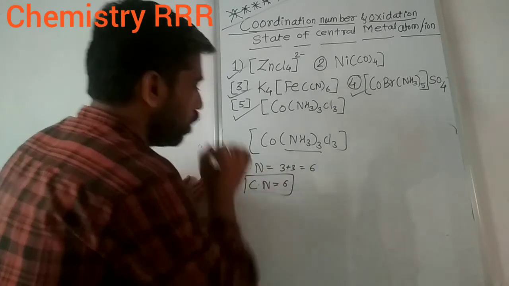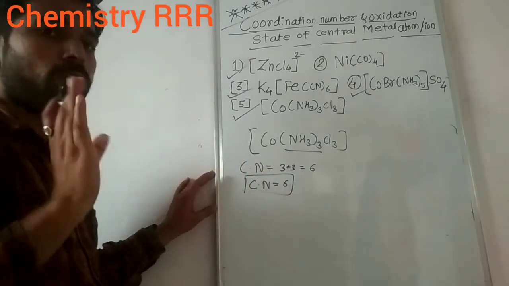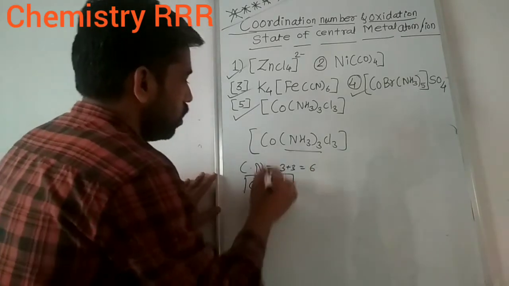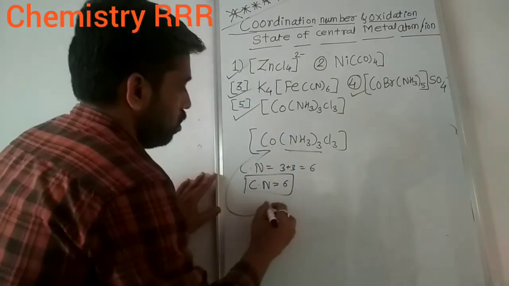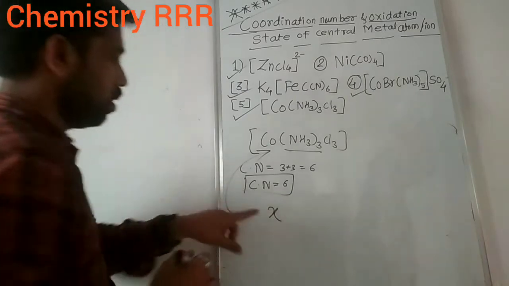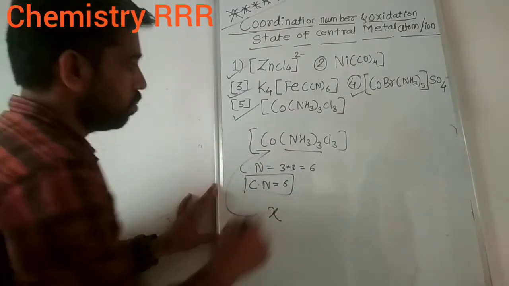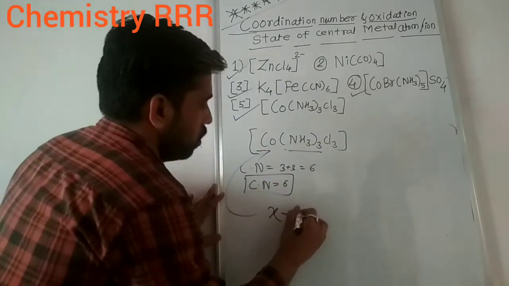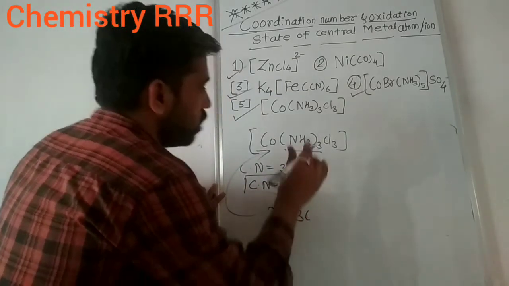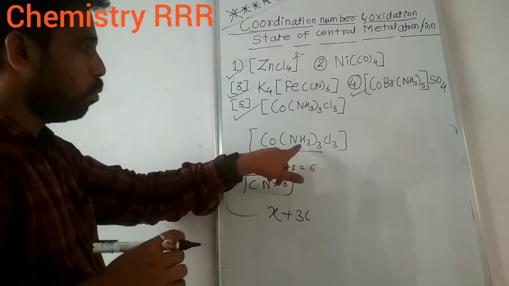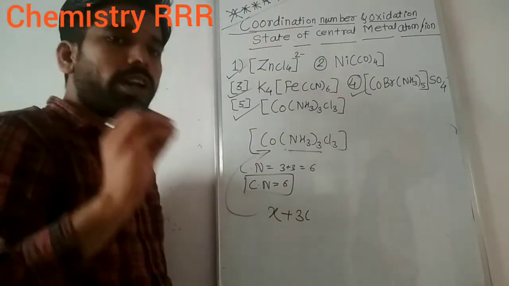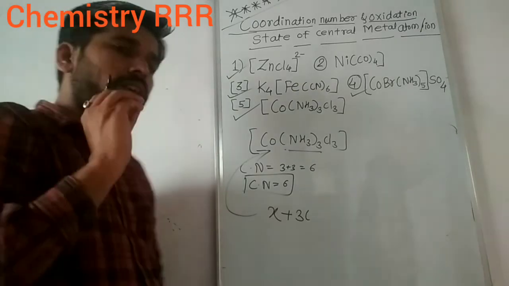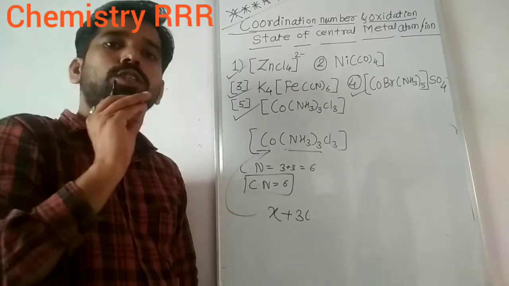Okay, now let's find the oxidation state of the central metal atom. Let's consider X equal to cobalt, plus the number of ammonia, 3, then the charge present on the ammonia. Ammonia is a neutral 2 electron donor ligand, so the charge on ammonia is 0. Any neutral ligand has 0 charge.